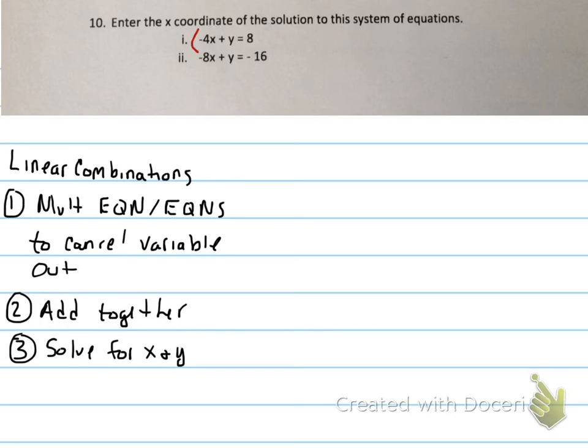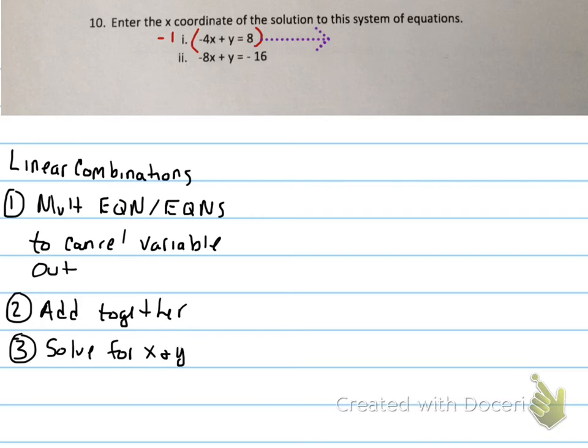It's like finding a common denominator. So I'm going to multiply this equation by -1, and you'll see what happens. This equation will become this, and then I'll rewrite the other one below it. This one is multiplied by -1 on every single term: -1 times there, -1 there, -1 there. So that's what's happening.